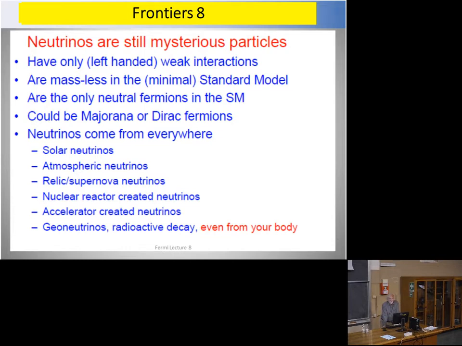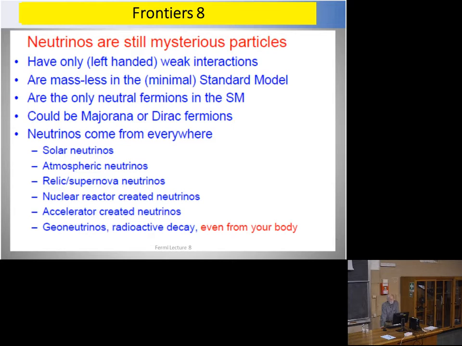They're the only fermion, that's the particles that have spin a half, in the standard model that are neutral in charge. I'll explain that we don't know whether they are their own antiparticle or they have a distinct antiparticle that's different from the particle themselves, and there are different theoretical explanations of what that means, whether they're Majorana or Dirac fermions.